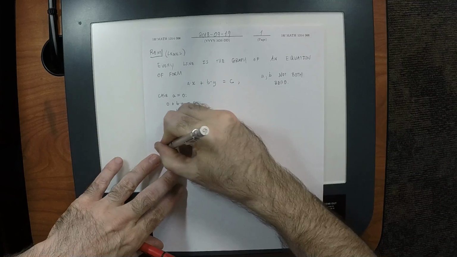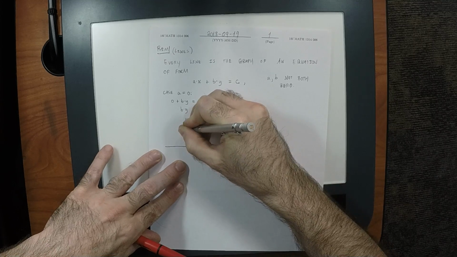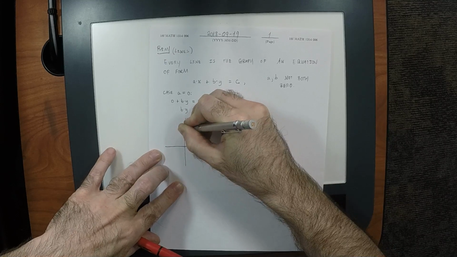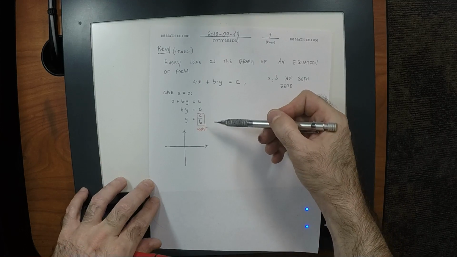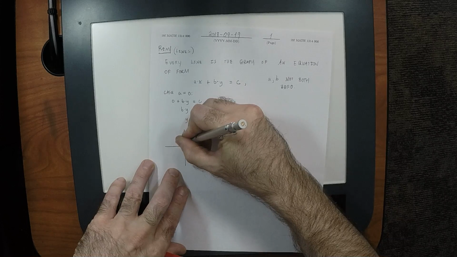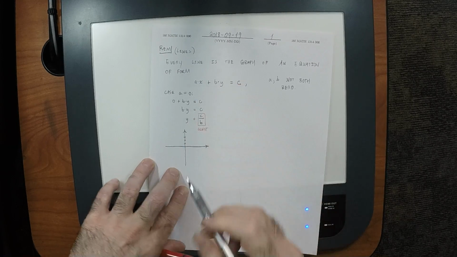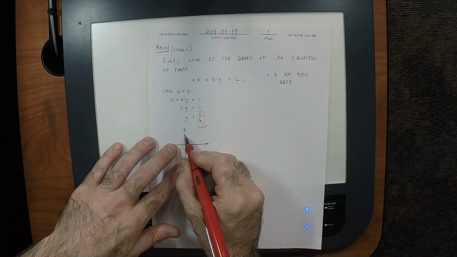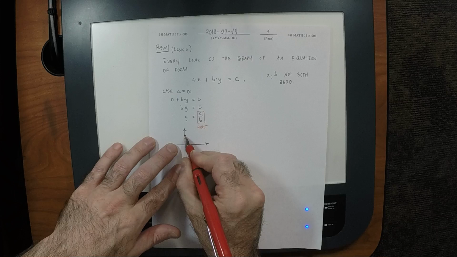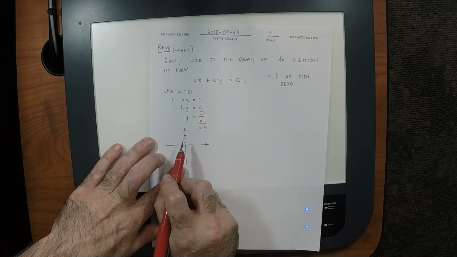So we can plot that. That's easy enough. For example, that constant might be something like 3. If I put some marks on the axis here, that point right there, its y value is 3. What's its x value? 0, right? Because it's on the y-axis.